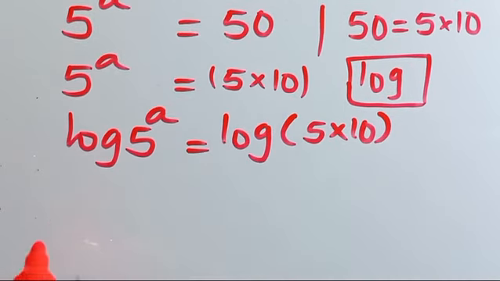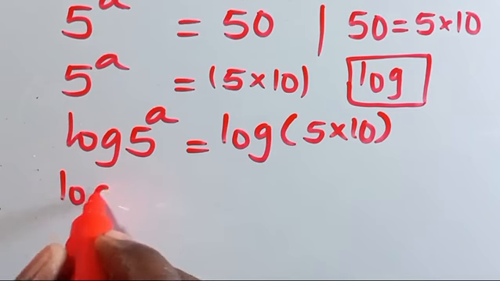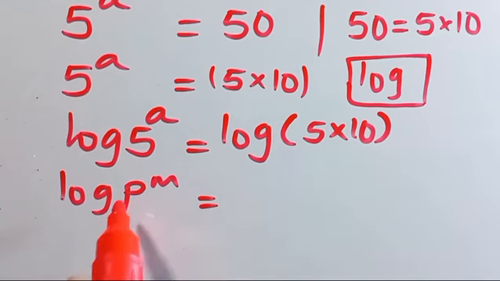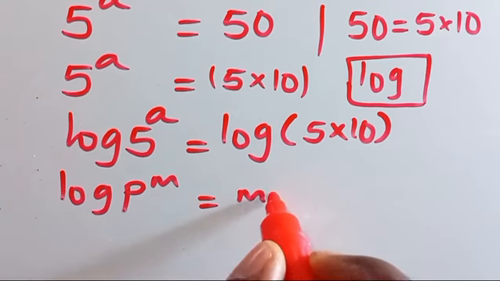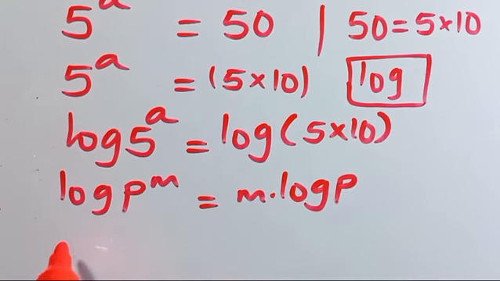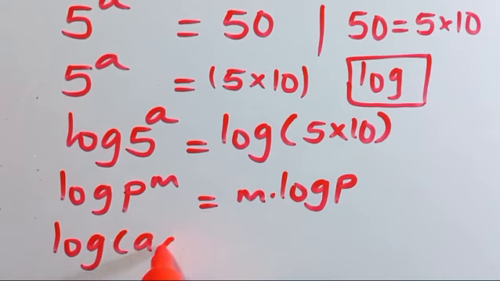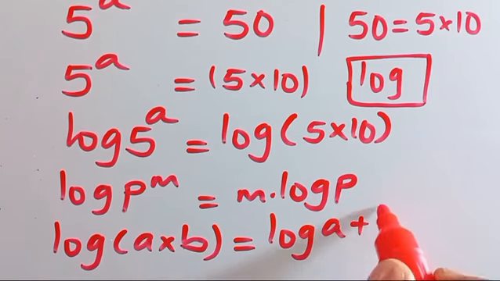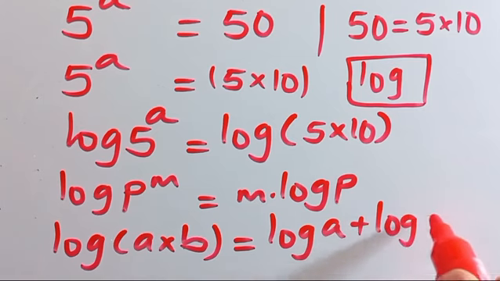Then let us recall that when we have log p to the power of m, this power m will come down to be m multiplied by log p. And also when we have log a times b, this equals log a plus log b.